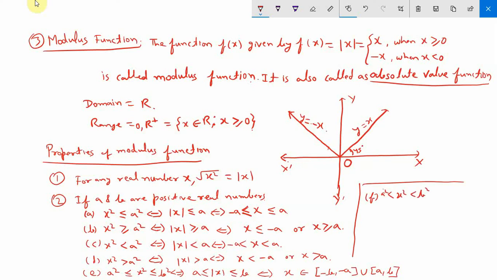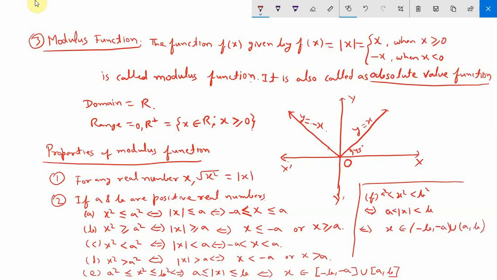Okay, it is like the above one, just where equality does not hold. So from this we can write mod of x is greater than a and less than b, and from this we can conclude x is an element of minus b to minus a union a to b.